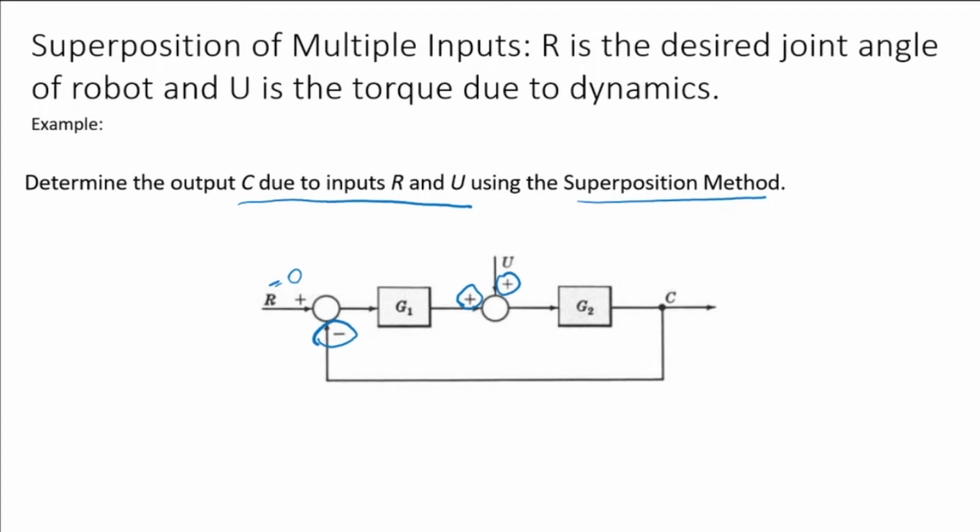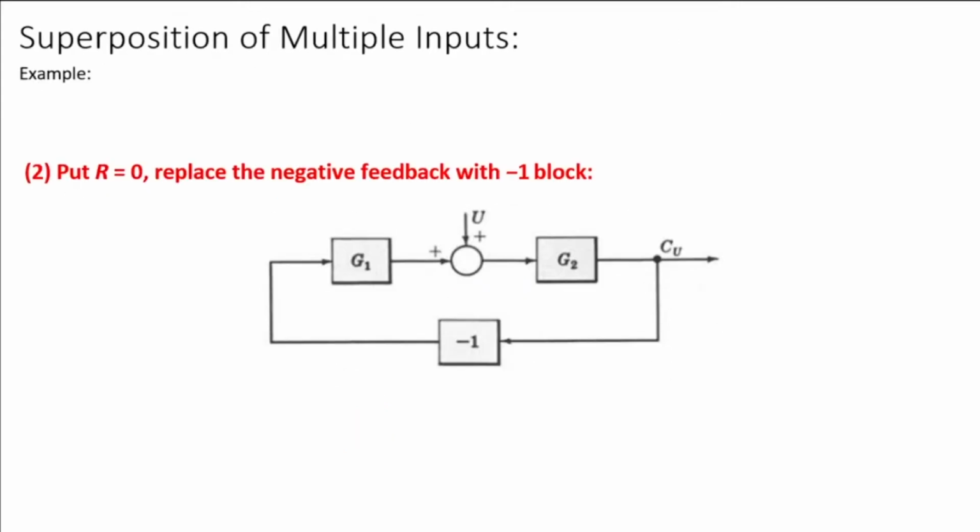We do that by introducing a minus 1 block there. Please note that when we make R equal to 0, because this is a minus here, I need to put a minus 1 block here, which will make the input here minus, because that input was minus actually.